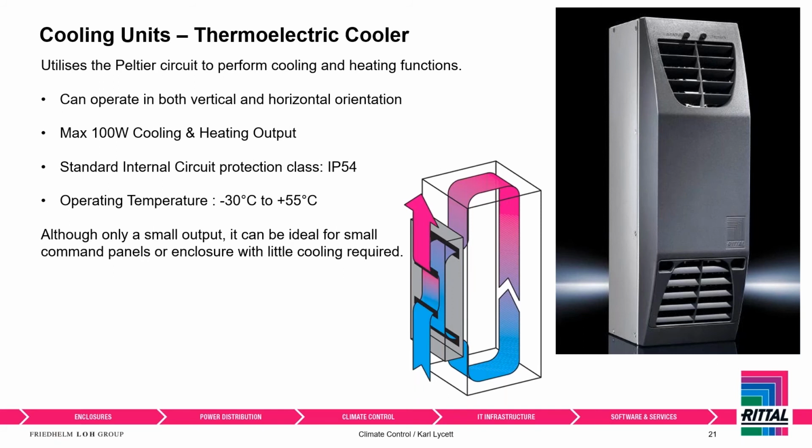However, this has a few tricks up its sleeve and is quite useful because it can be operated in a vertical, as you can see in the picture, but it could also be turned fully on its side, so 90 degrees, and work in a horizontal. The reason that is interesting to you is because it can be ideal for, say, little command panels or enclosures with very little cooling required. It might just be some switch gear in a room and you just need a little bit.